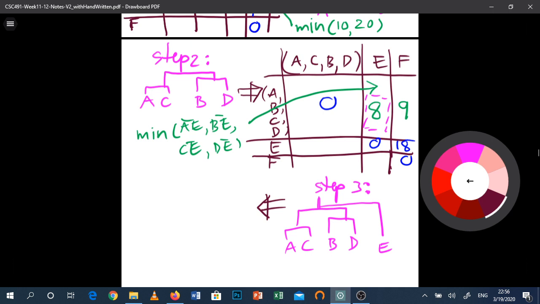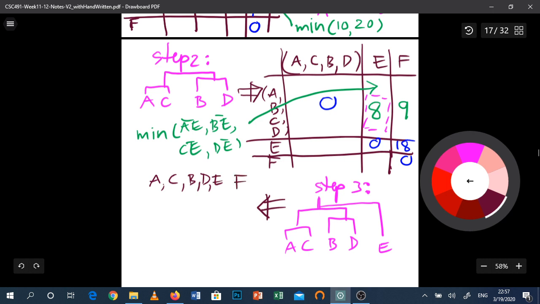So the last step. Okay, so we will have the merging of A, B, C, D, E, or either you can say A, C, B, D, E, and then F by itself.